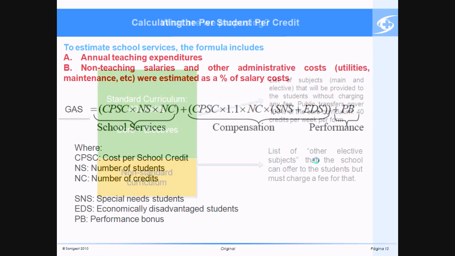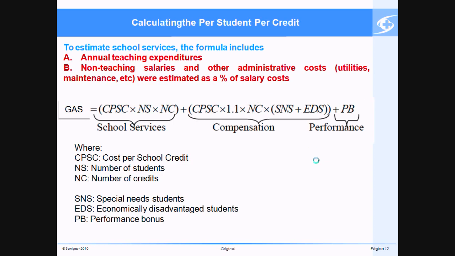How do we calculate the grant allocation per school? To estimate school services, the formula includes A, the annual teaching expenditures, and B, non-teaching salaries and other administrative costs, utilities, maintenance, etc., which were estimated as a percent of the salary cost.